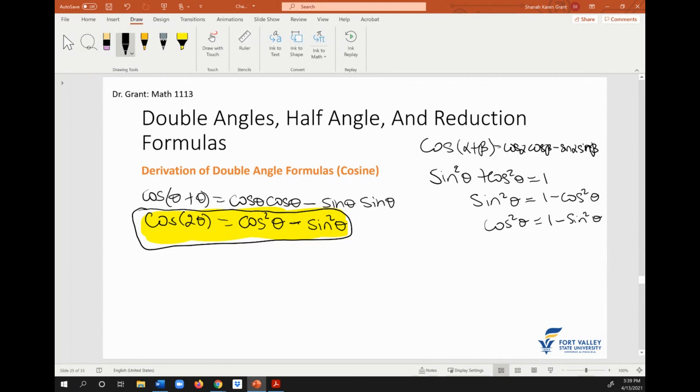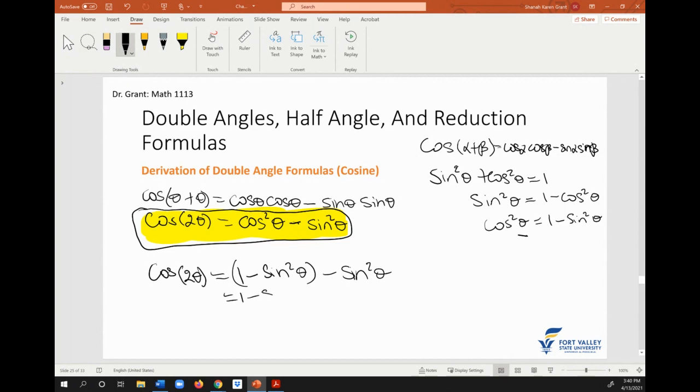So what we can do is plug these two values into our double angle identity for cosine. So for instance, cosine of 2 theta is going to be equal to, if I plug in for cosine, 1 minus sine squared theta, and then minus again sine squared theta.